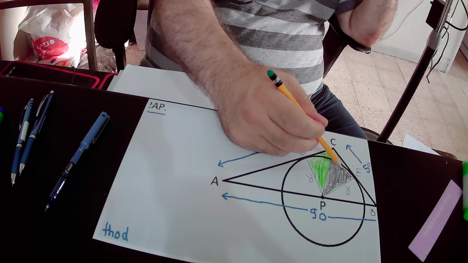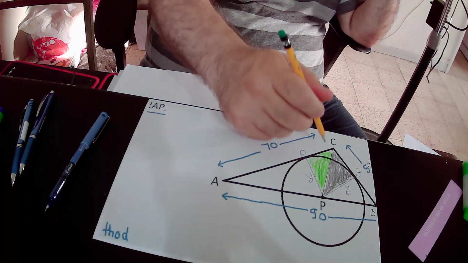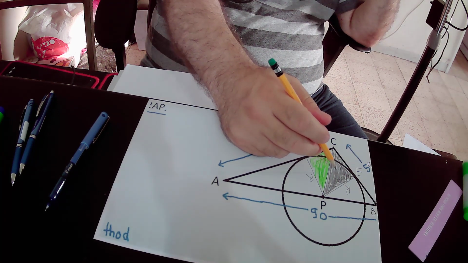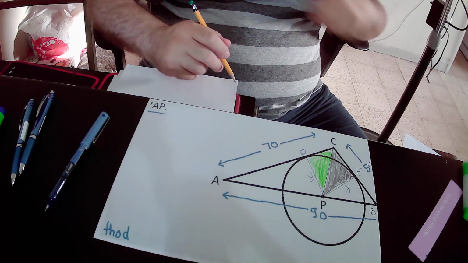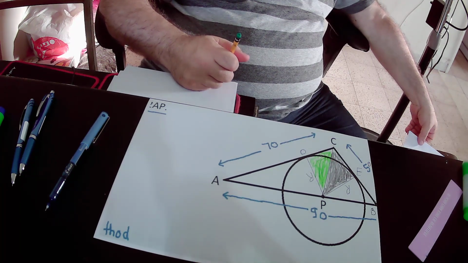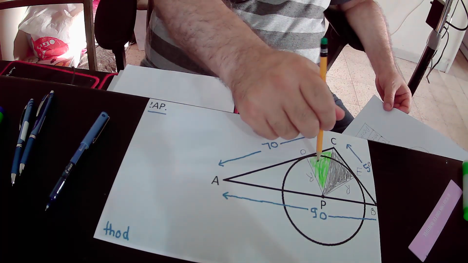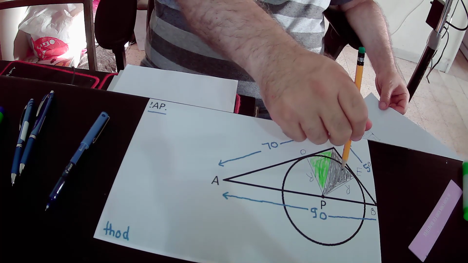Okay, so as I have already mentioned, three sides of the green triangle are equal to three sides of the black triangle. Therefore, we can deduce that the green triangle is congruent to the black triangle.